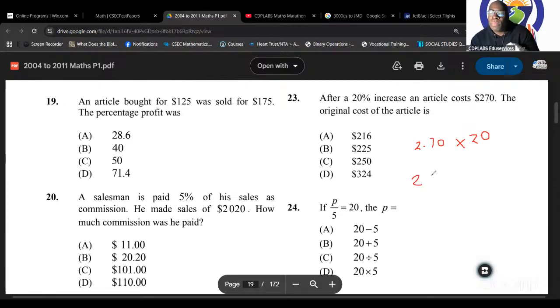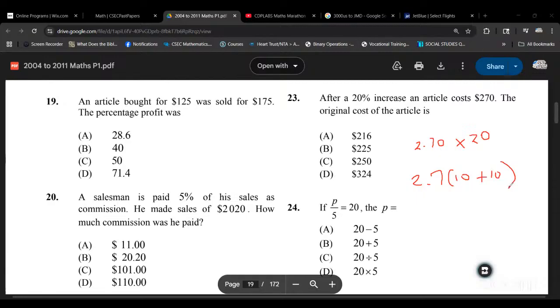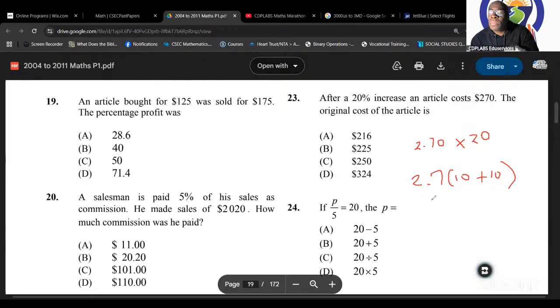2.7 times (10 plus 10). That is still saying 2.7 times 20. I agree? Yes, sir. Good. So 2.7 times 10 is going to be 27, and the same thing here.